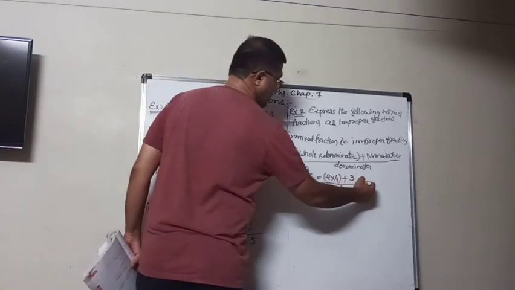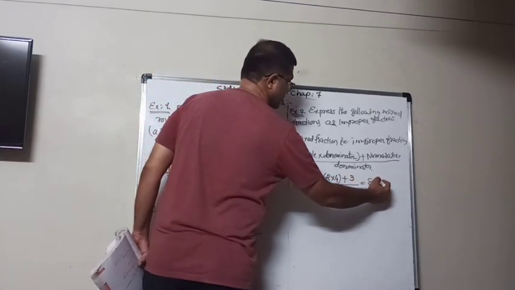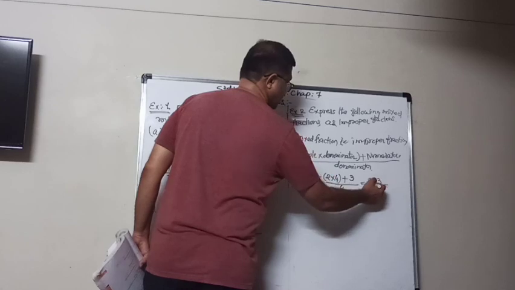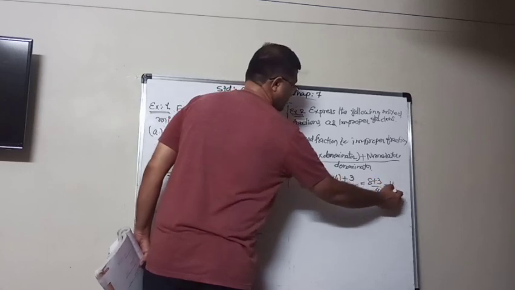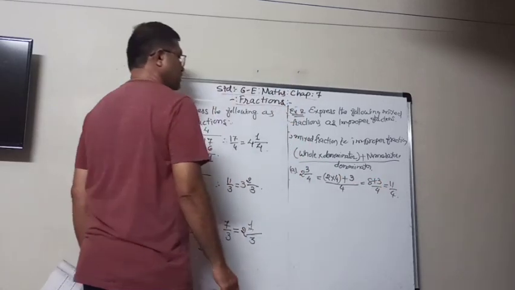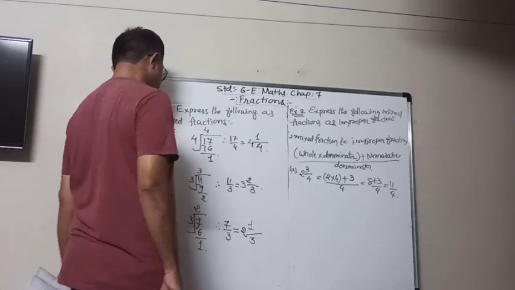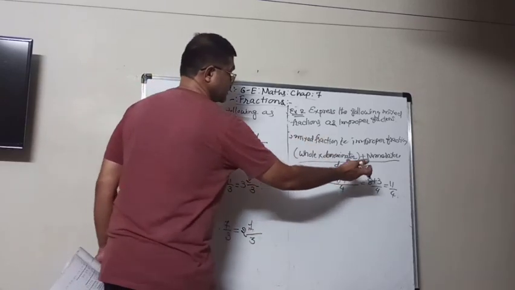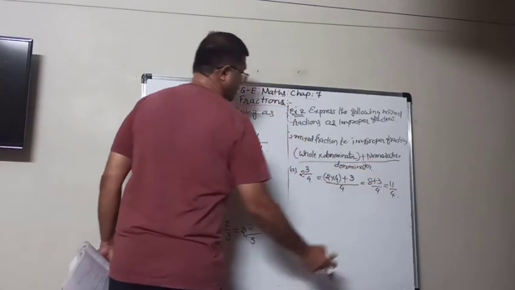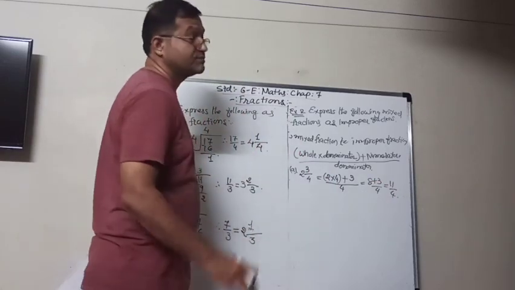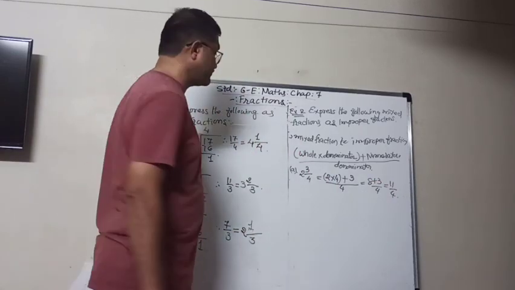So 2 4s are 8, 8 plus 3, 11. So 2 integer 3 by 4 is written as 11 upon 4 in the form of the improper fraction.